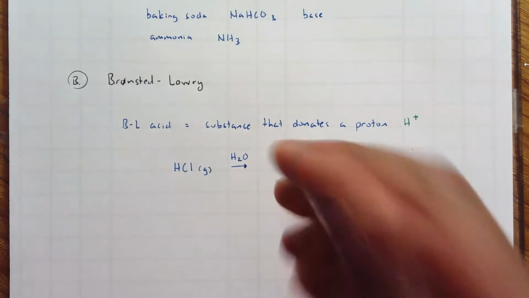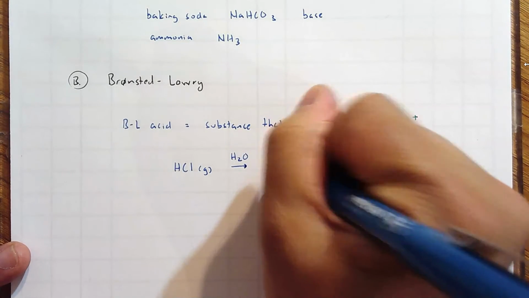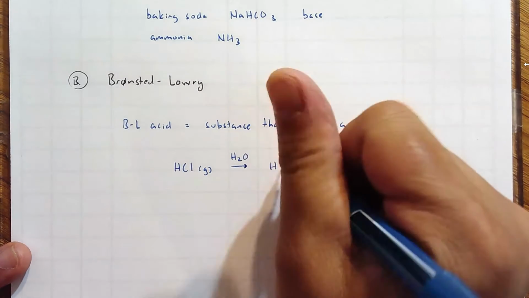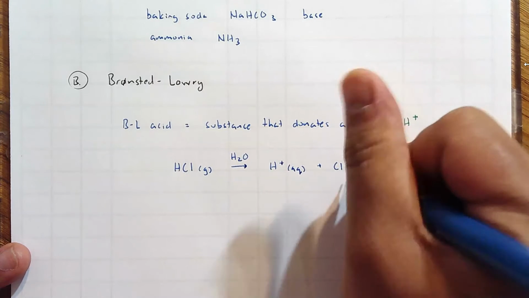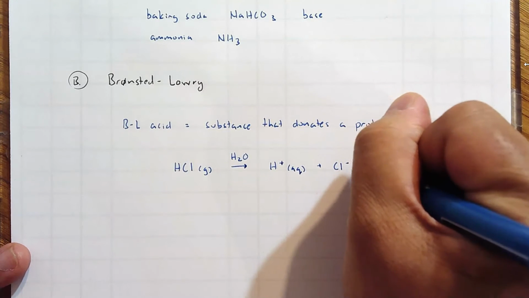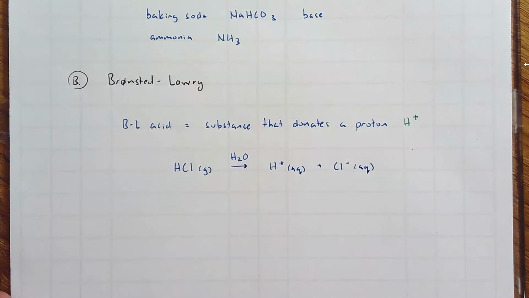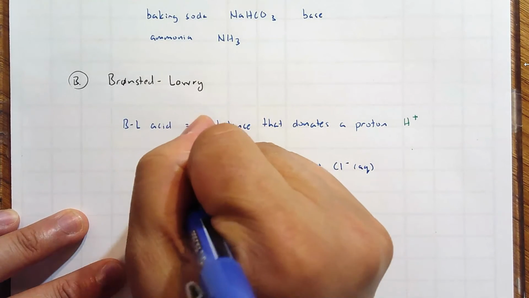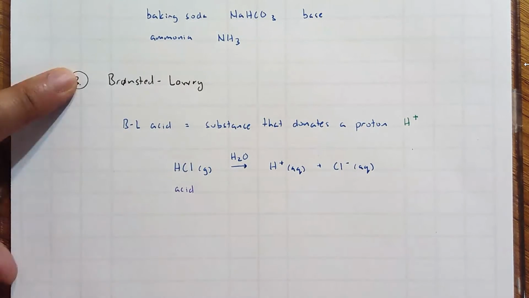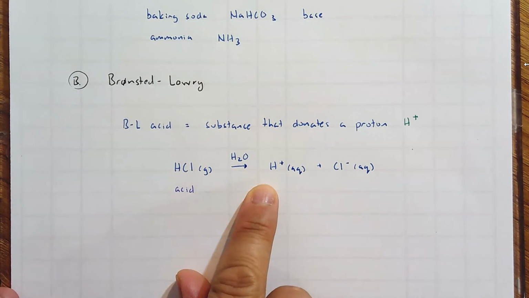Dissociates means that it breaks apart into a proton, aqueous, plus the anion, chloride, again aqueous. That is a Brønsted-Lowry acid, because it donated a proton.